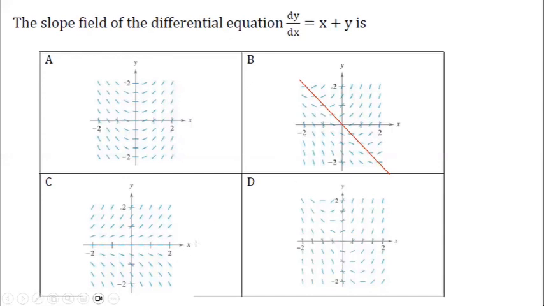At all these points, we have horizontal tangents. Suppose I take a point like negative 2 and 2. I'm going to take a point to the right and another point to the left and substitute in my differential equation and see what happens.